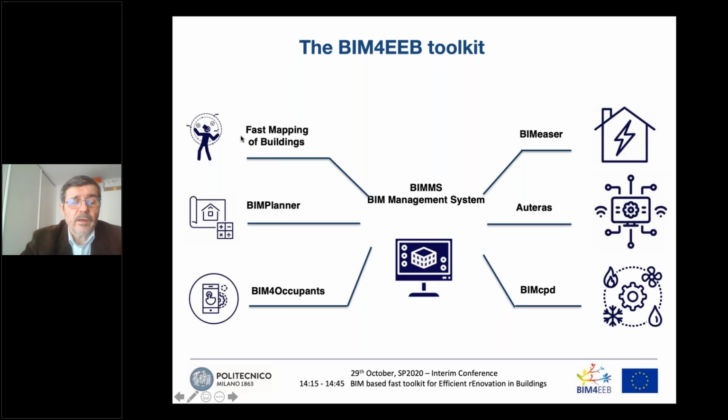So on one side, we have, of course, the fast mapping tools developed by RISE and CGI using laser scanners and specific devices in order to gather data from the spaces, but also for materials and equipment parts.